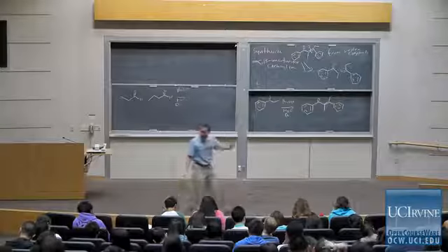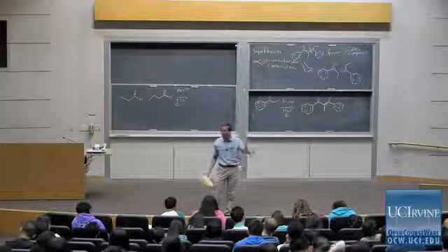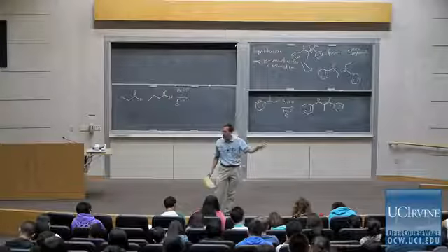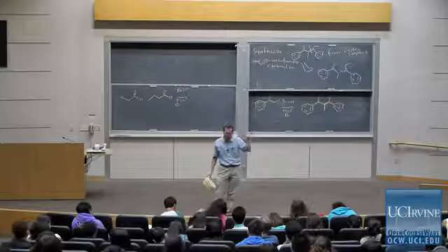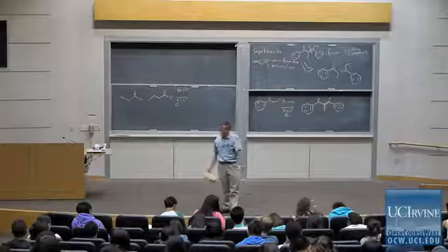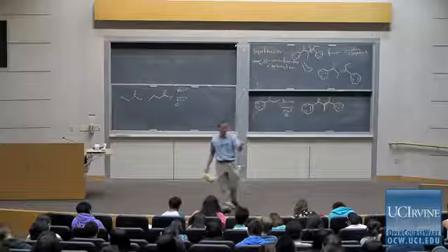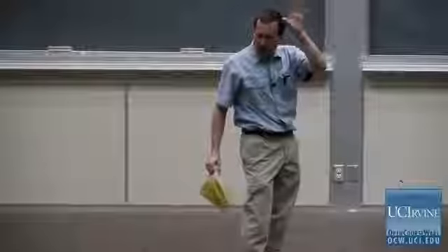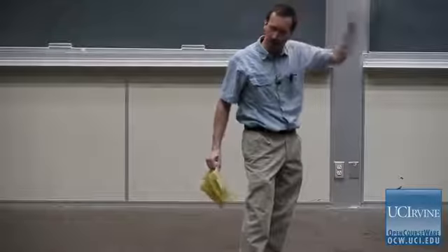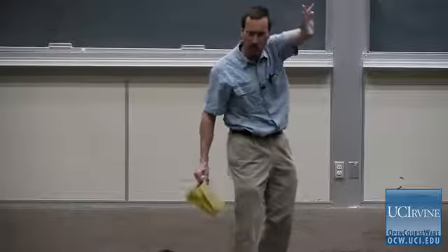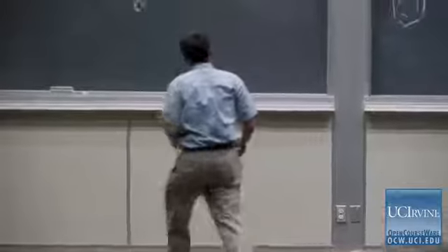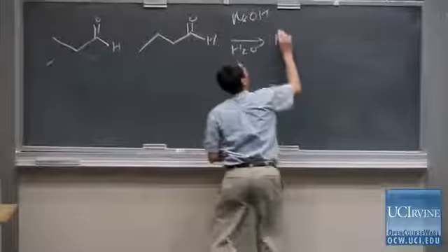Even if, under these conditions, I didn't get any beta-hydroxycarbonyl and all of my beta-hydroxycarbonyl compound went to alpha-beta unsaturated carbonyl, I'd have 4 different alpha-beta unsaturated carbonyl compounds. I'd have compounds with propanal and propanal, propanal and butanal, butanal and propanal, and butanal and butanal.